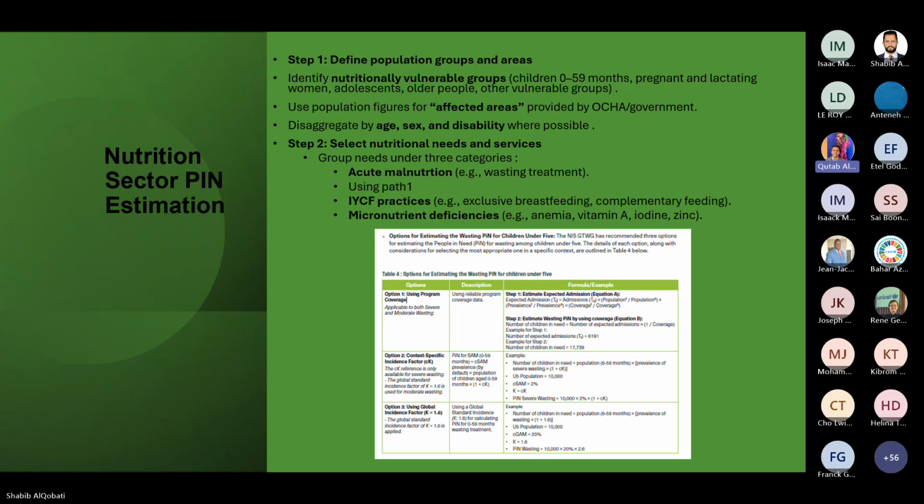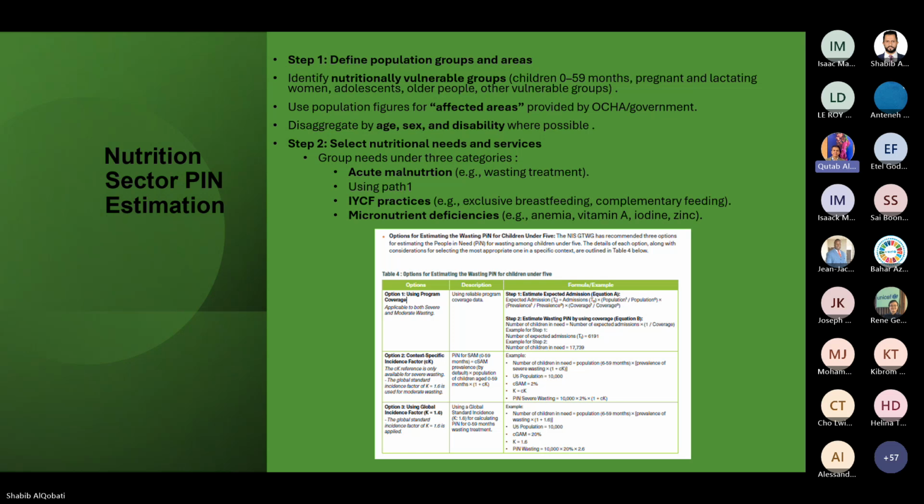The second issue we sometimes face, for example, with vitamin A, is that some countries take the maximum numbers in children to avoid this duplication in beneficiaries. So the issue we face is that when you are progressing, your progress is not aligned with the costing, with the budgeting you receive, and sometimes you will feel that with 20% of cluster funding, you will be able to reach like 80% of the cluster PIN.